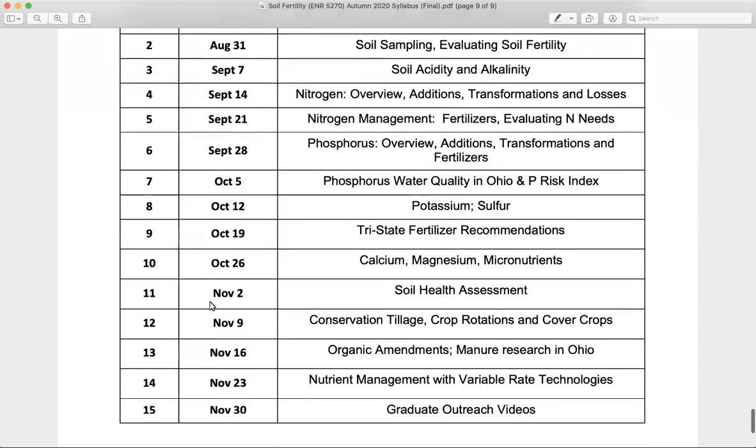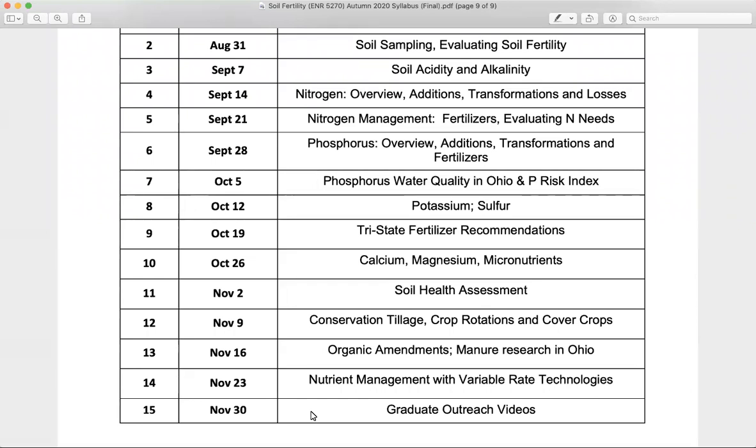From weeks 11 and onward, we talk more about conservation practices and soil health and things that we know influence soil fertility and nutrient management in very real ways. But this is an opportunity for us to talk about the interface of, say, tillage practices or crop rotations, cover crops, use of manure, et cetera, soil health testing, and actually indicators, emerging indicators, new and developing indicators.